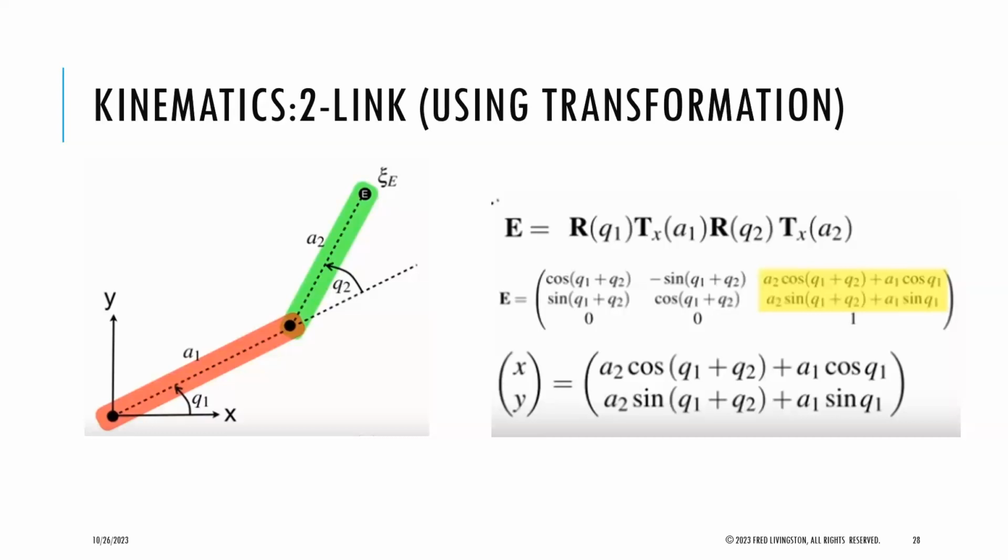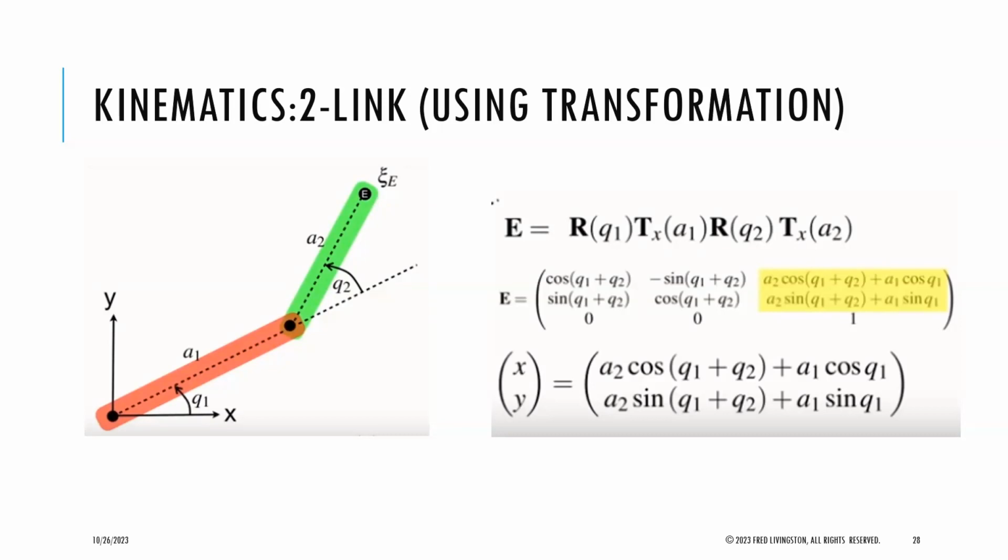So let's add the other link. This is the first example. What is my base to E2 now? I still have to work from my base all the way up to my end effector. So I rotate, then I translate right here. So this is a rotation, then a translation.